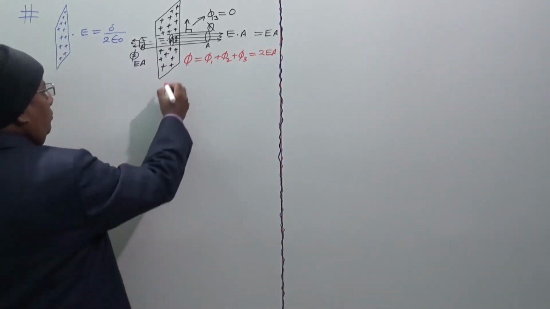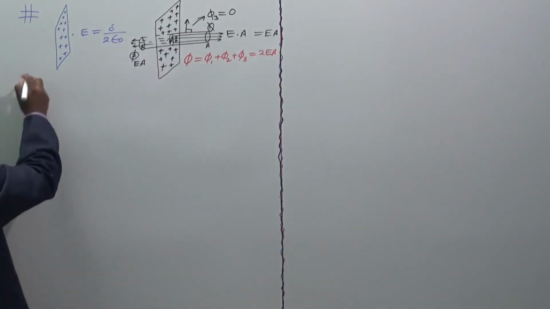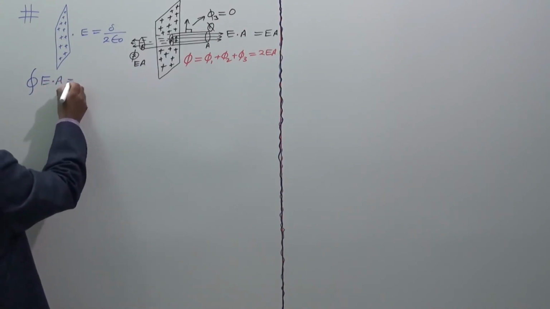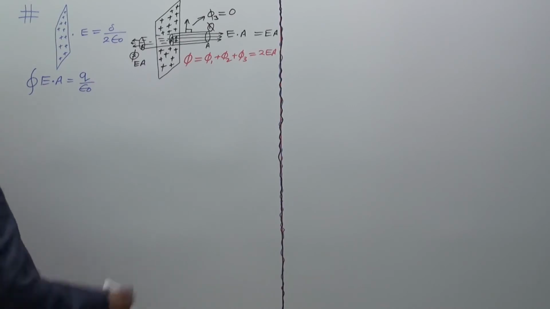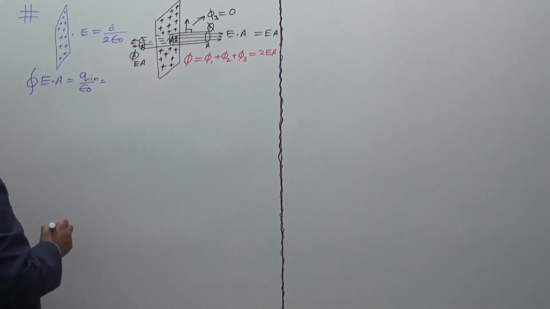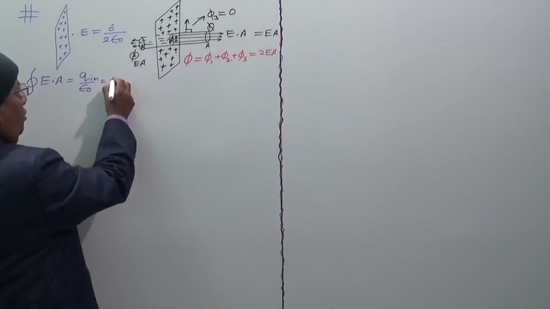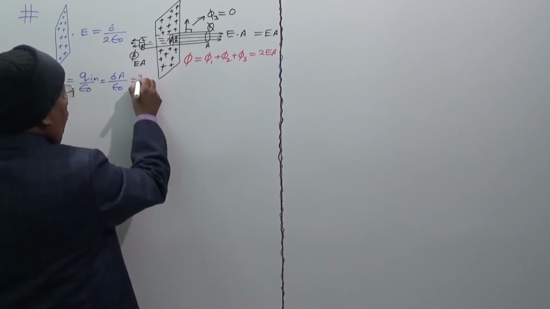By Gauss theorem, you know very well that closed integral E dot A is equal to Q upon epsilon naught. And the enclosed charge, if small sigma is the charge density, then Q is small sigma A upon epsilon naught, which must be equal to 2EA.